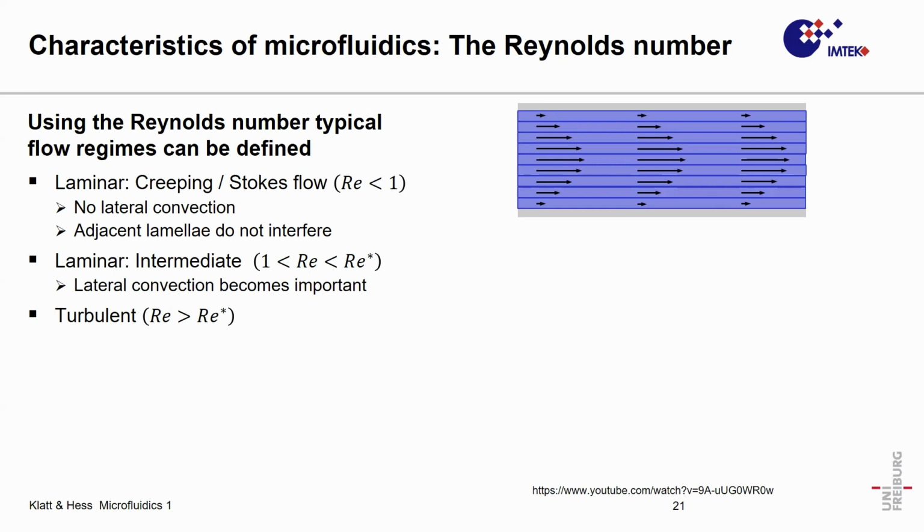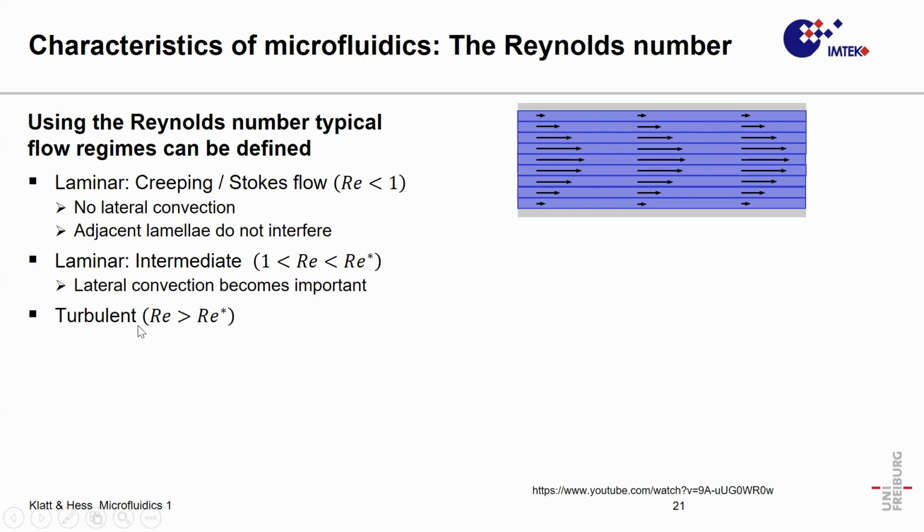So if you have a pipe and your Reynolds number is lower than 2,300, your flow can be considered as laminar. And in a laminar flow, you still have these lamellae right here, but you now have lateral convection. So from time to time, you have some interaction between those different fluid sheets.